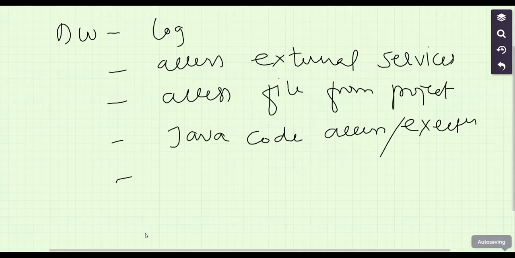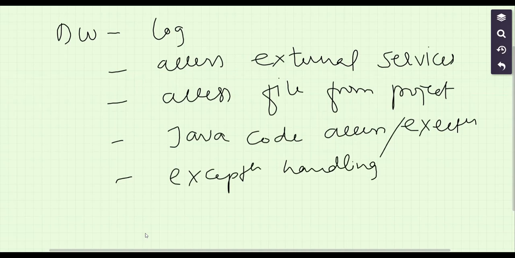Then we'll see, within DataWeave, if there is an exception, how to handle that. So we'll see exception handling within DataWeave. And I have a few POCs to show you, as we discussed yesterday. So we'll talk about those POCs.